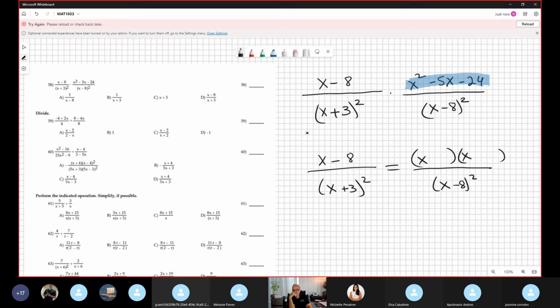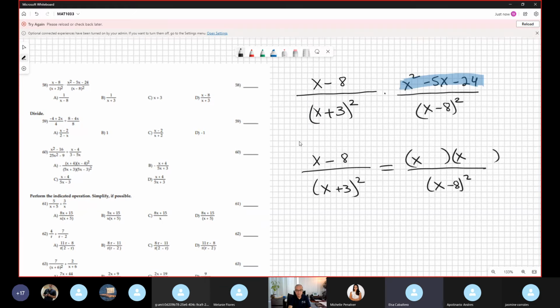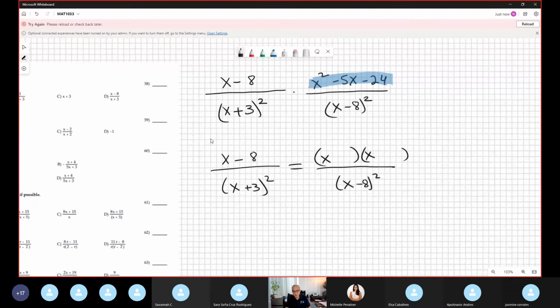Two numbers that multiply to give me 24 and somehow adding or subtracting give me 5. No idea. 8 and 3. Very well. 8 and 3 because 8 times 3 is 24 and 8 minus 3 is 5.